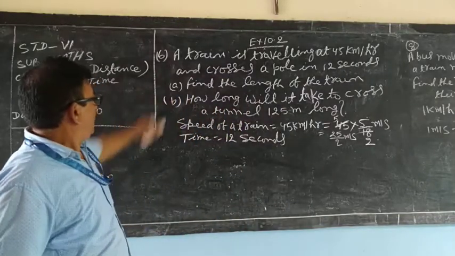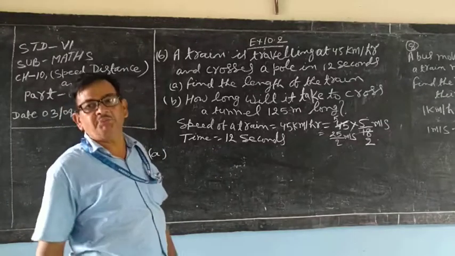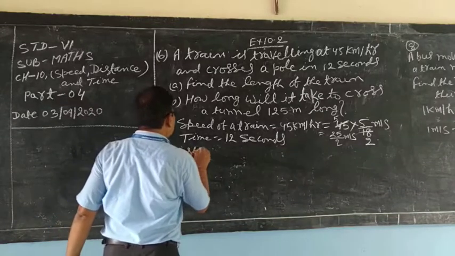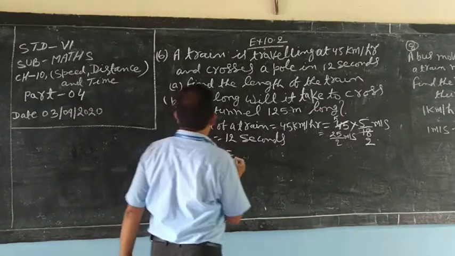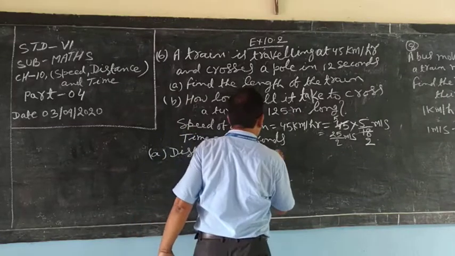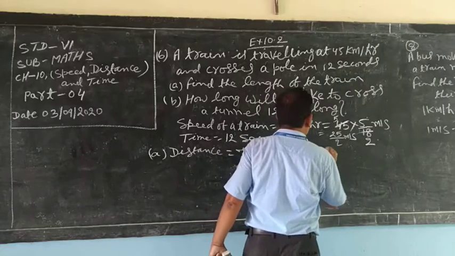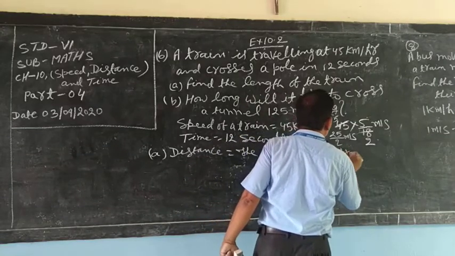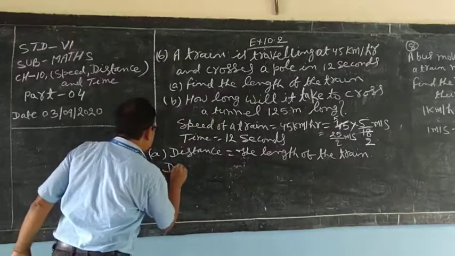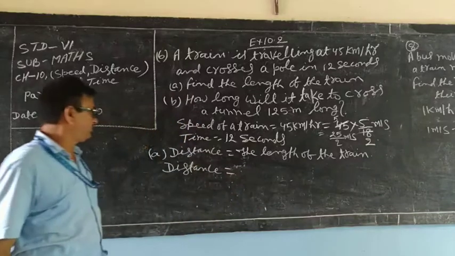Here A part is asking, find the length of the train, means distance is asking. Distance is equal to the length of the train. My dear student, distance is equal to what you will write?